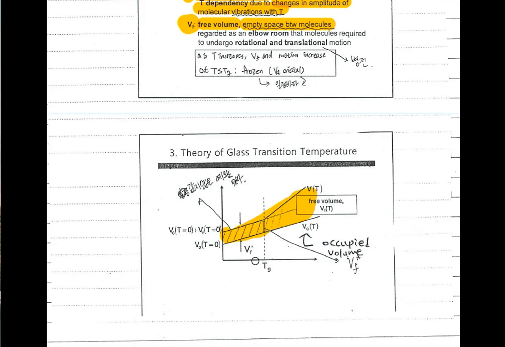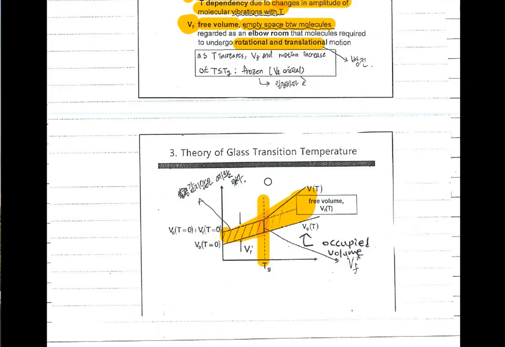So as a boundary of glass transition temperature Tg, below Tg, free volume also increases slowly as a function of temperature, because of the more molecular motions, like rotational or translational motion of the polymer chains.